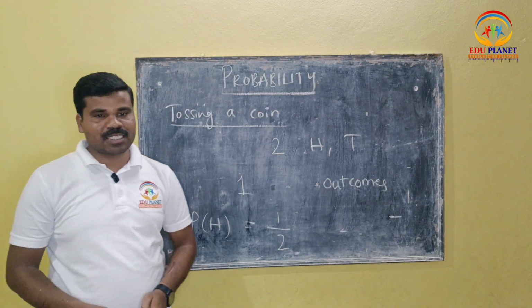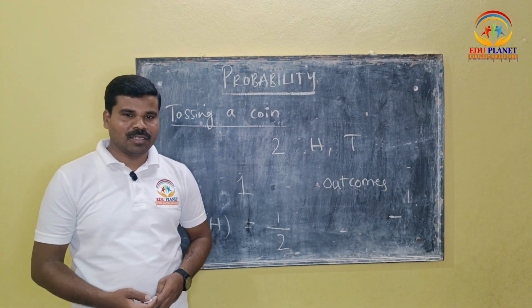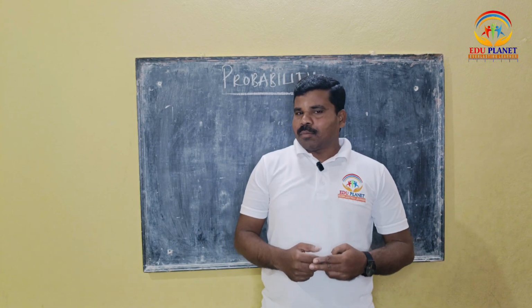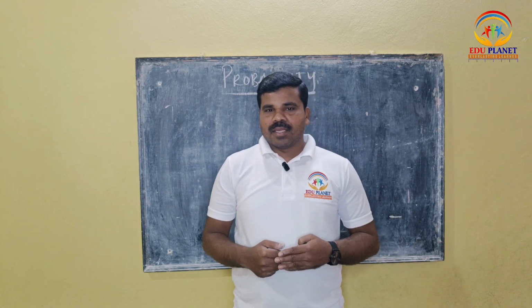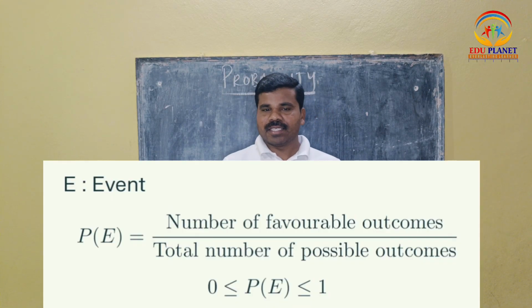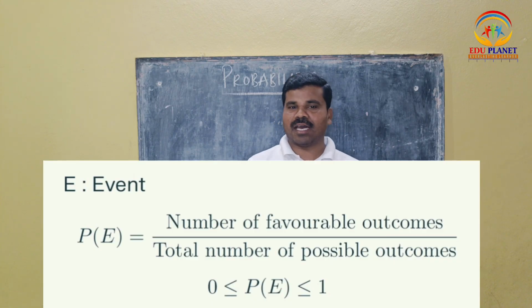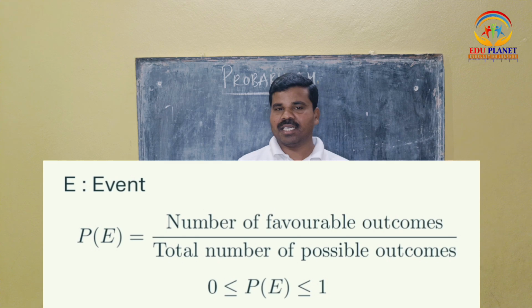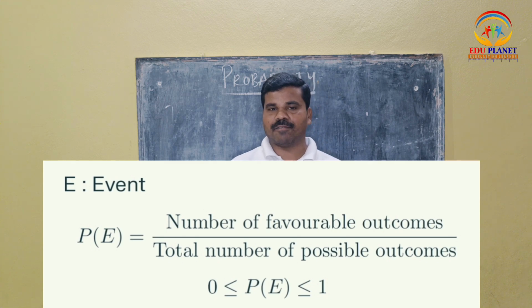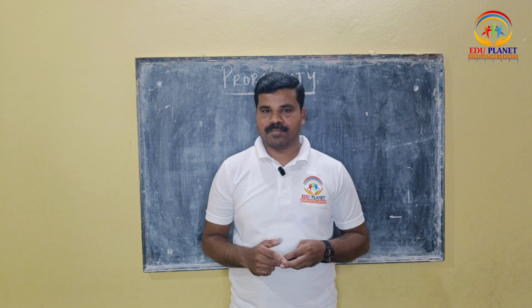It means probability of heads is 1 by 2. Technically, the probability formula is: probability equals number of favorable outcomes divided by number of total outcomes. By using this formula, easily we can calculate the probability of any event and any favorable outcome.